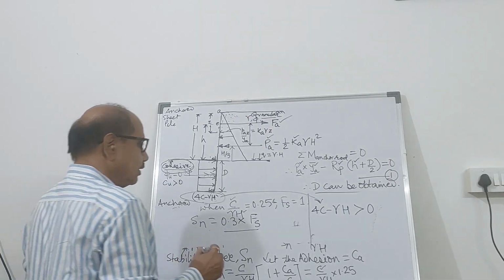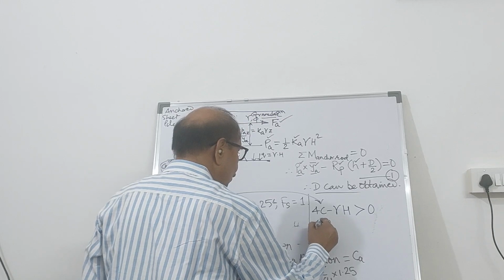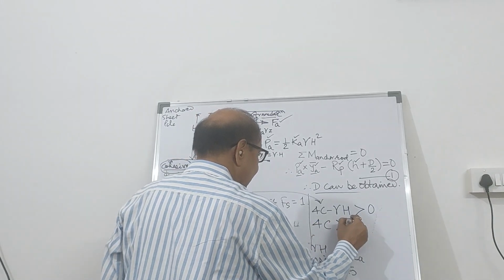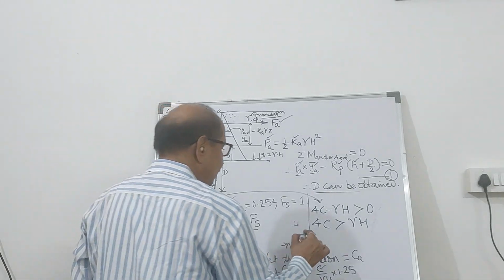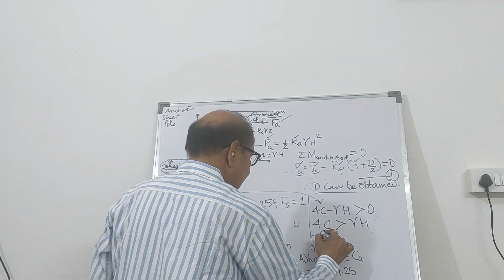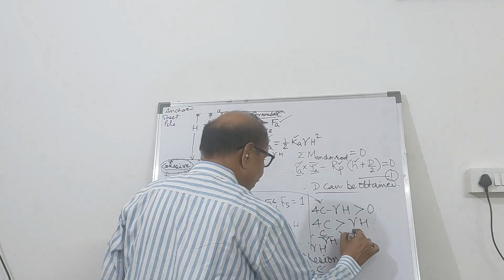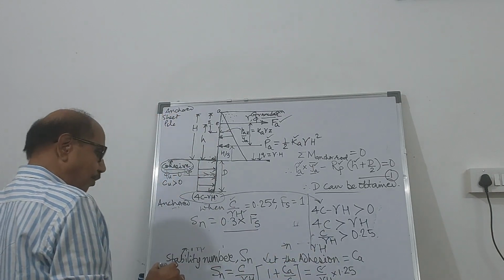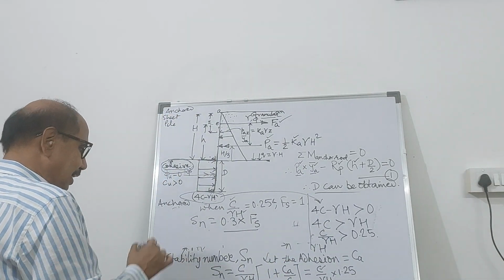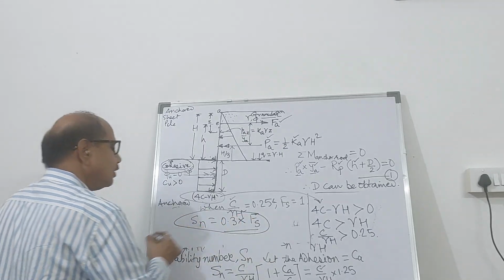Should not be less than or equal to 0. Otherwise, 4c must be greater than gamma h, or c divided by gamma h must be greater than 1 by 4, 0.25. So therefore, if there is an elevation, this expression holds good.